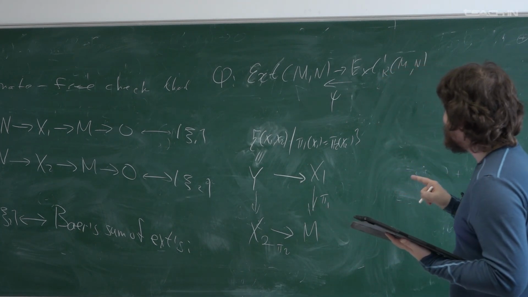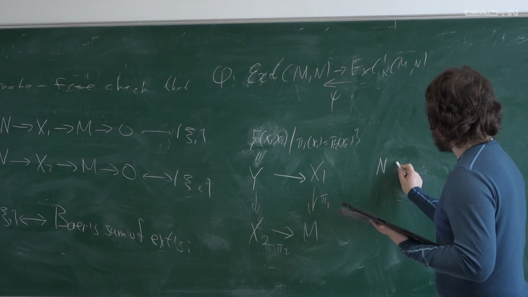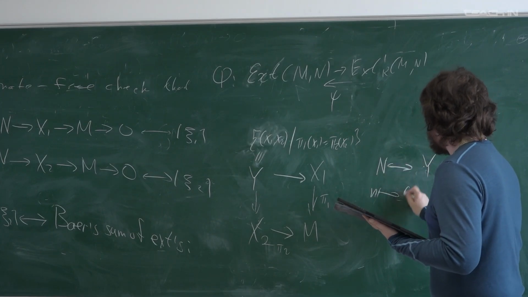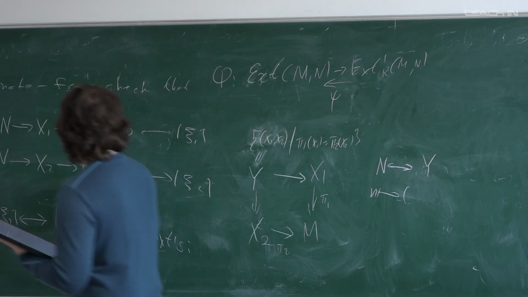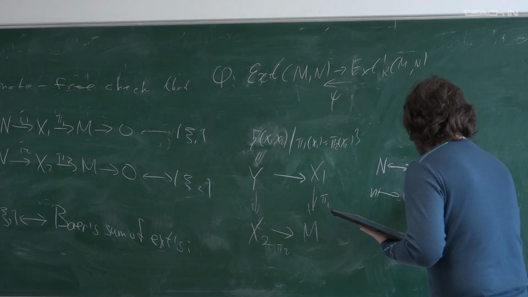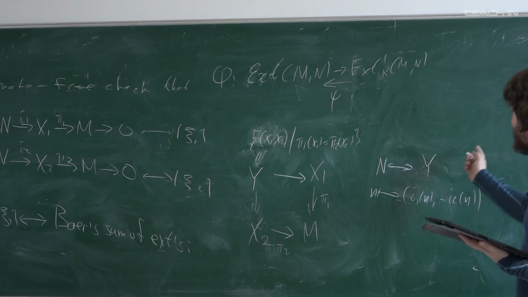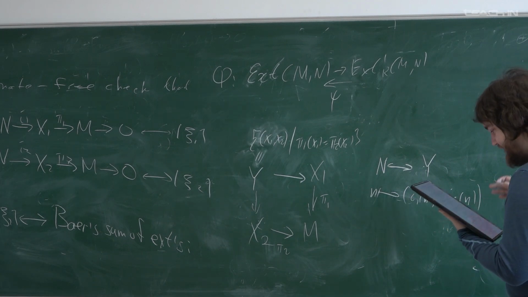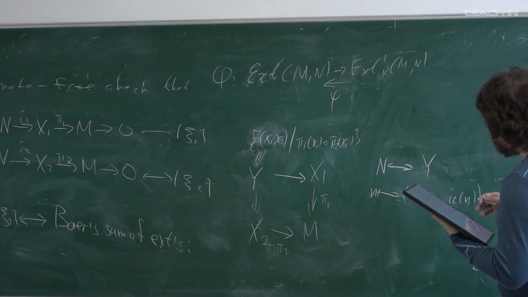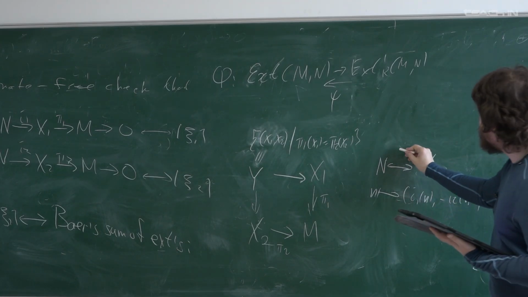We have injections of N to x1 and x2, I1 and I2, and I consider the image of I1(n) minus I2(n), and then consider the quotient by this anti-diagonal.